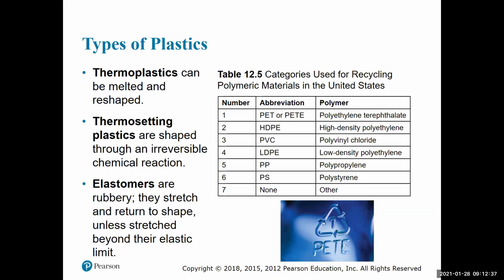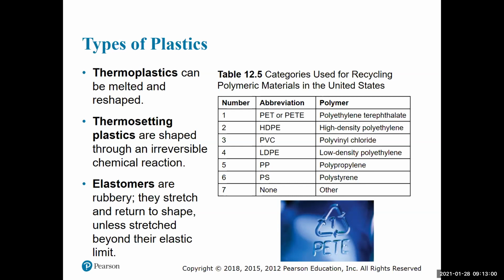HDPE is one you see a lot, high density polyethylene. LDPE is low density polyethylene. Over on the right here is the name of the polymer. So you always have the number, you might have the abbreviation, but I rarely ever see the name written. But this is the code of what it is.